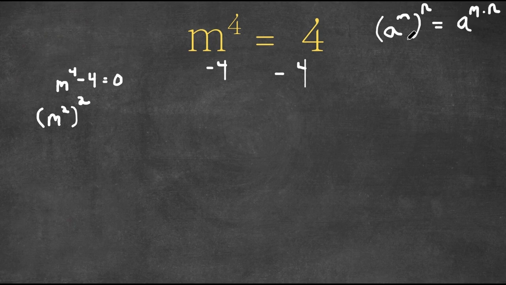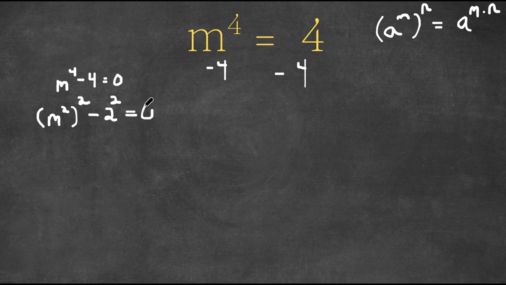So what I did was I changed m to the power of 4 into the form a to the power of m to the power of n. And we're going to subtract this with, I'm going to change 4 to 2 squared. And this is equal to 0.